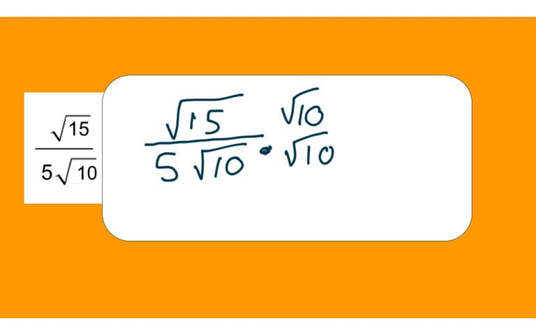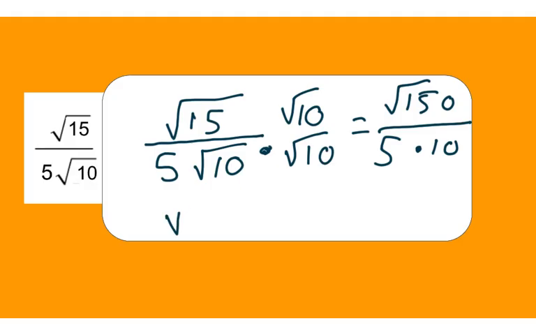That's going to give me radical 150 on top, and I'm going to get 5 times 10 on the bottom. Now, that's going to give me radical 150 over 50. Now, can we break down 150?